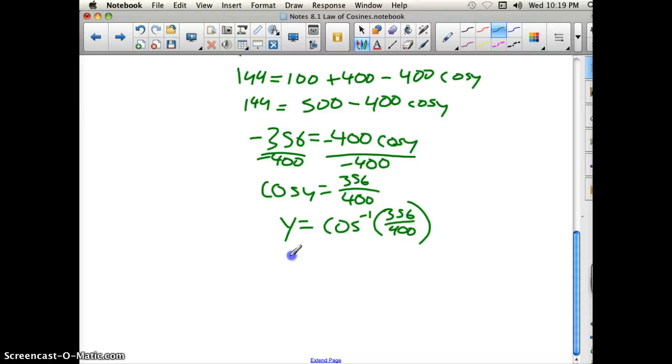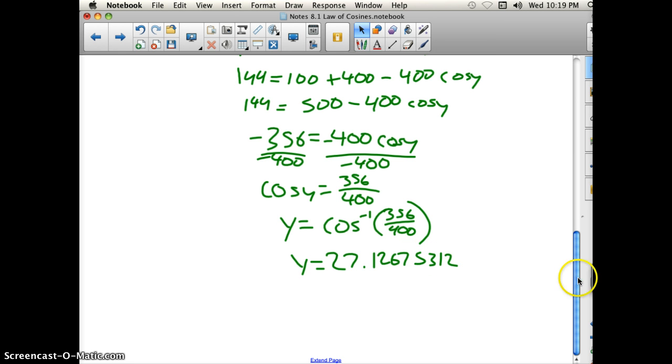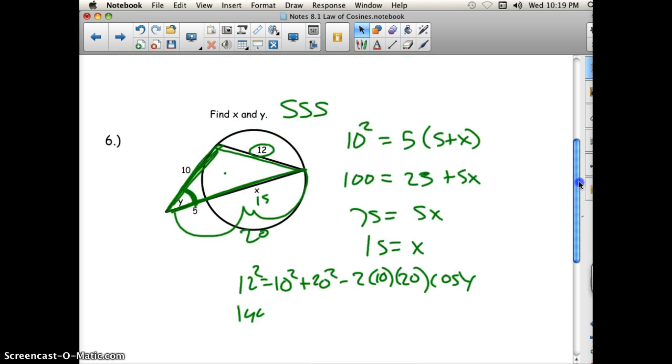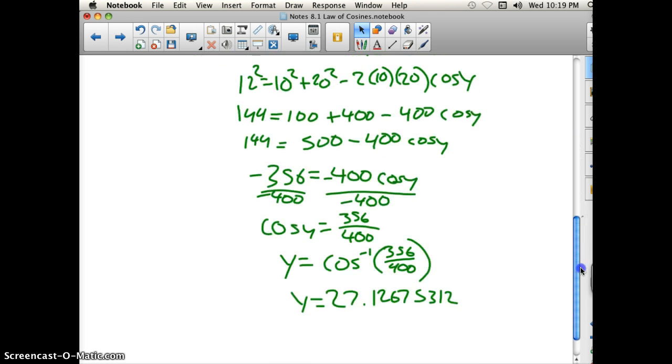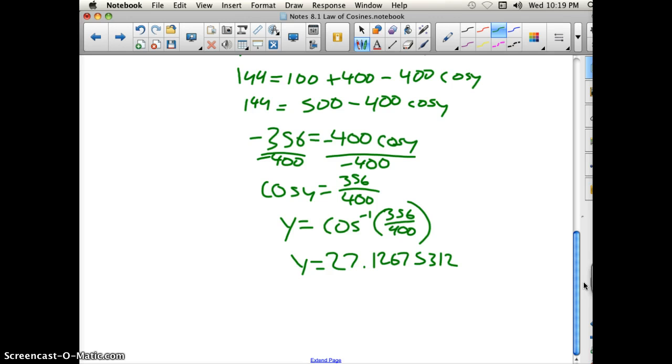And I've got y equals 27.12675312. I'm writing all that down because I didn't read the directions all the way through. That's my fault. Just says find x and y. So I can say to the nearest degree, y equals 27 degrees. Okay? If I went to the nearest tenth, it would be 27.1, and so forth.